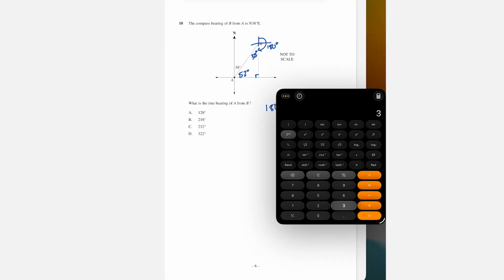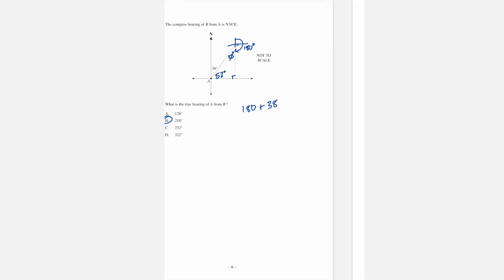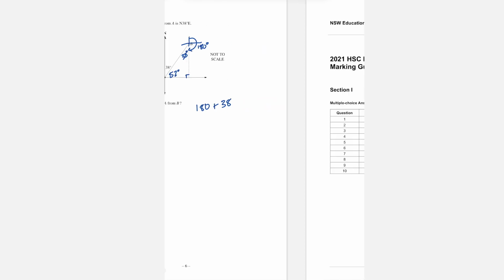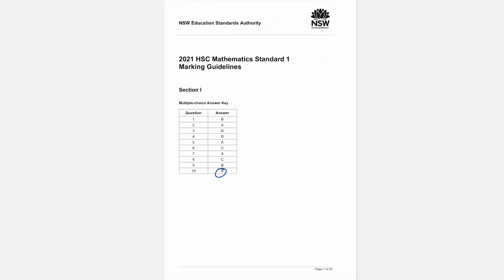So we get 38 degrees for this angle. And then with B as our origin, to find the true bearing we have to add that 38 to 180 degrees. So 180 plus 38 is going to be our final answer. So 38 plus 180, 218. Our answer is B. Question 10, B. There you go.